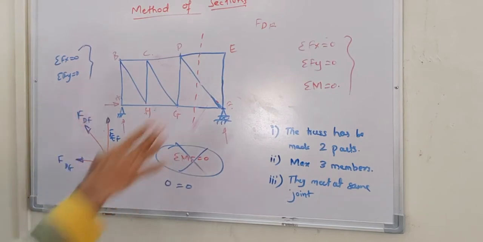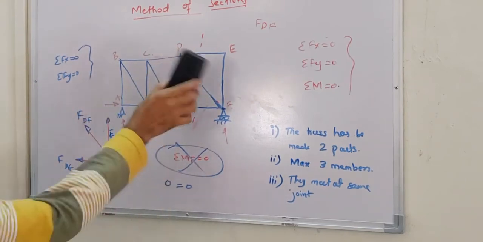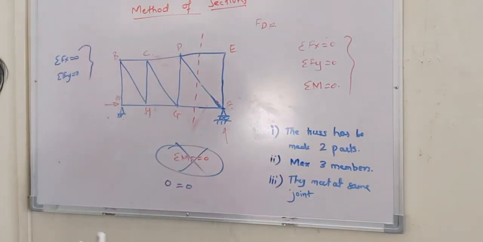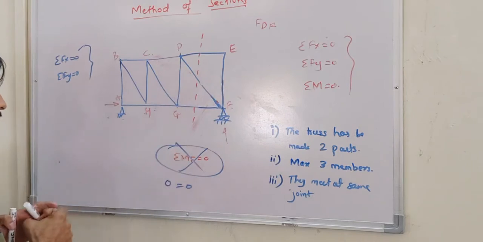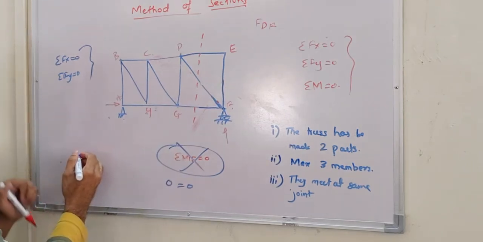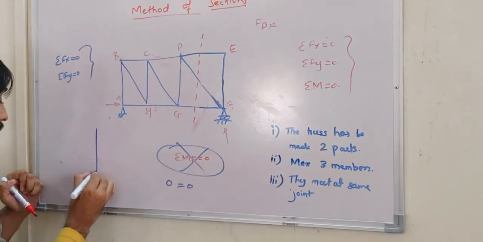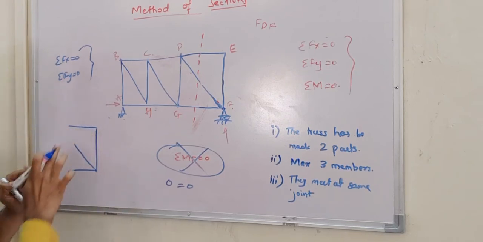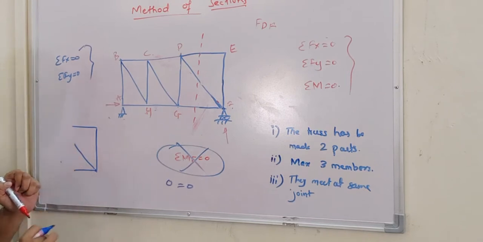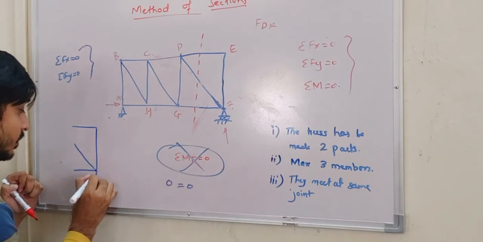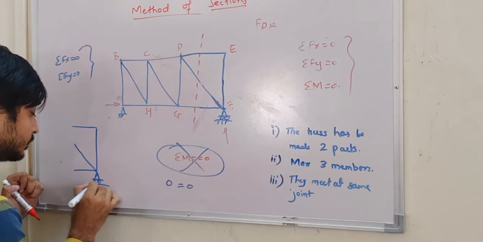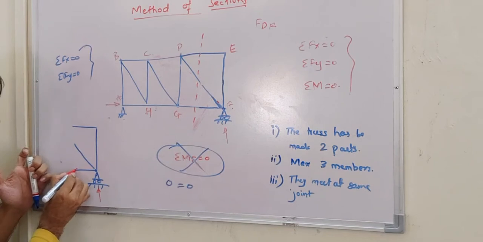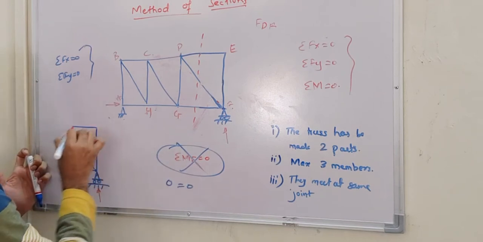Now if I take this section, I am taking equilibrium on this RHS. So how will it look? These 3 are the members I have cut. I will consider all of the cut members to be in tension.